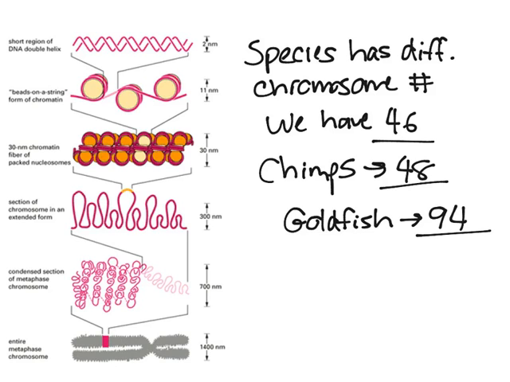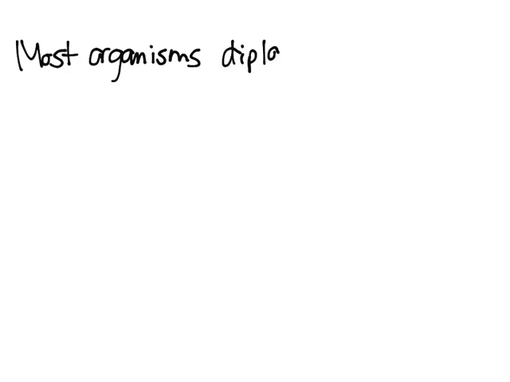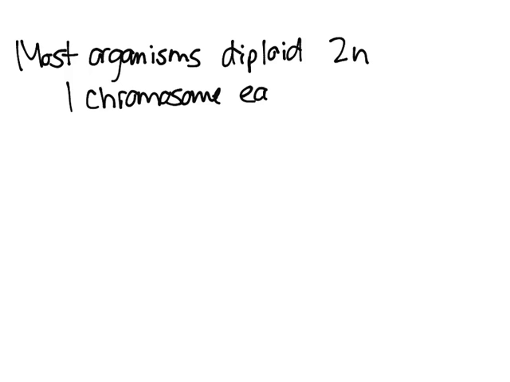And so let's talk a little more about chromosomes and how they relate to us. So most organisms are diploid, meaning they have 2N chromosomes, which means essentially that one chromosome comes from each parent.